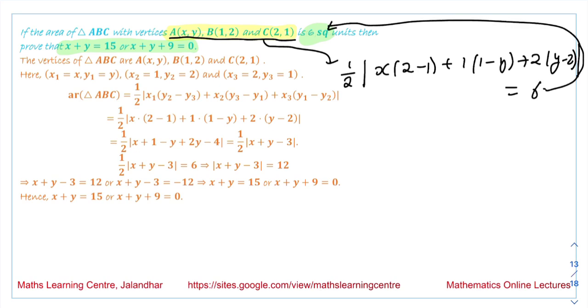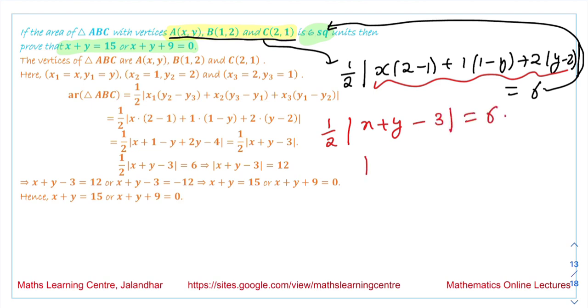The area is given. On solving these values, you will get 1 by 2 into mod of (x plus y minus 3) is equal to 6. So mod of (x plus y minus 3) is equal to 12.